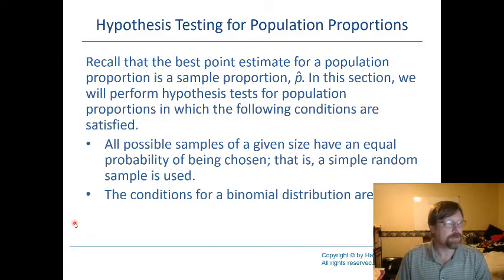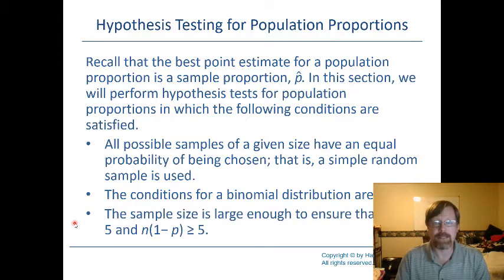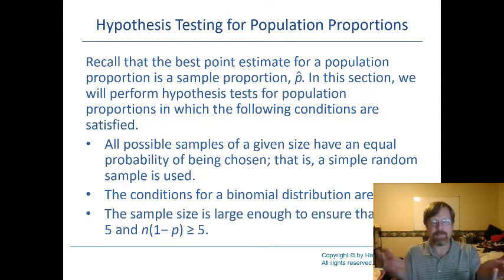It's a binomial distribution, and the sample size is large enough that the number of samples times the presumed proportion is greater than or equal to 5, and the number of samples times 1 minus the presumed proportion is greater than or equal to 5. Basically, we've got at least 5 values in each side of the proportion.